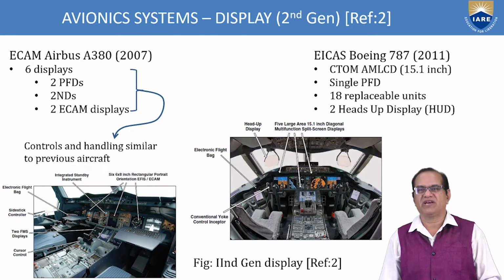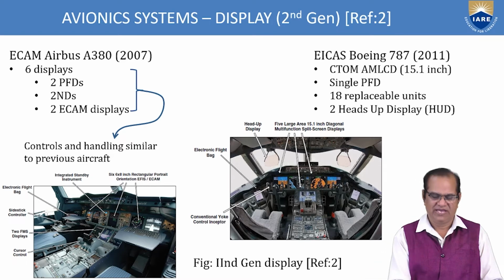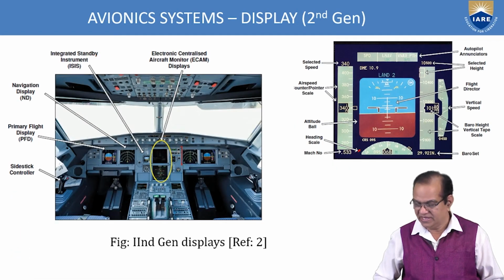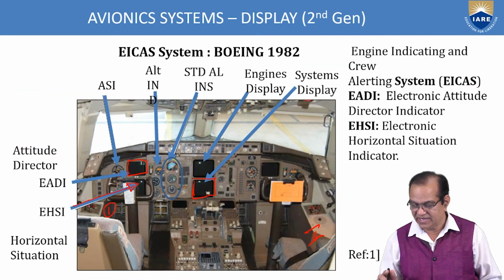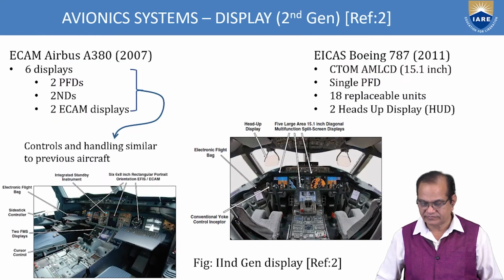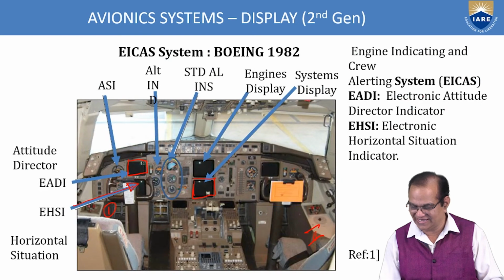They also appear different in different conditions. So here, ECAM on the Airbus 380. And on the Boeing it is EICAS. What is EICAS?